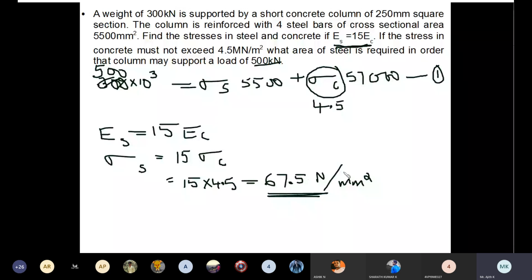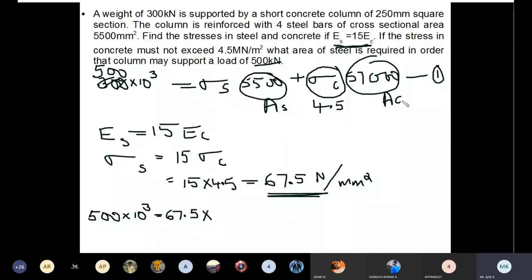Now substitute all values in equation number 1. Then the equation will be 500 into 10 to the power 3 is equal to sigma S, 67.5, into the area of steel, and this is the area of concrete.